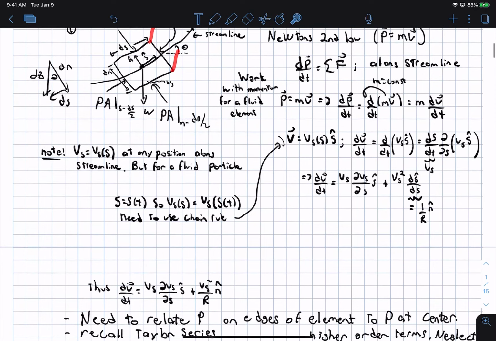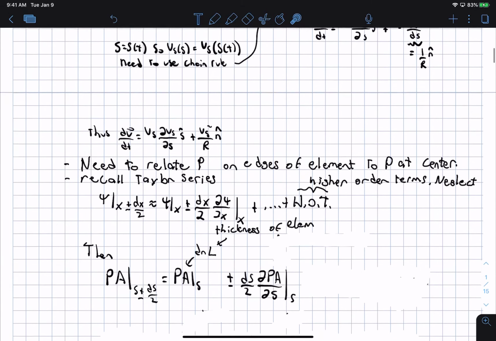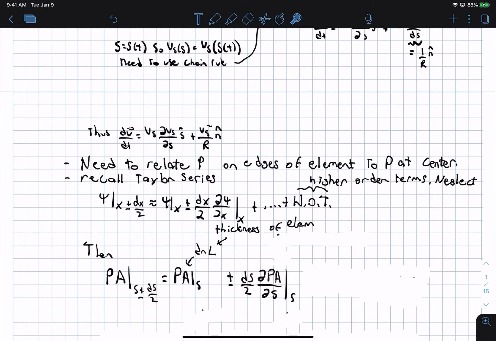I'm going to assume some distance L. So this area here is dn times L, and we're going to assume that the area anywhere is just dn times L, so basically that's constant. So you could actually pull that area out of the derivative if you really wanted to. Okay, so I used nothing more than the Taylor series on pressure times the area in the streamline direction.